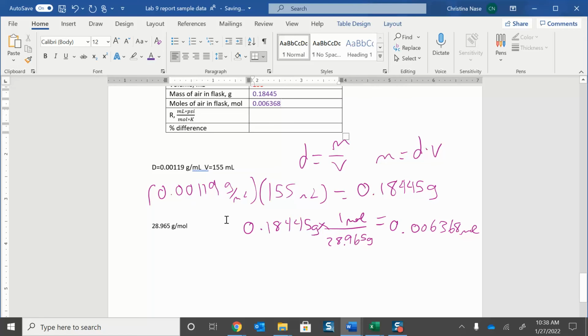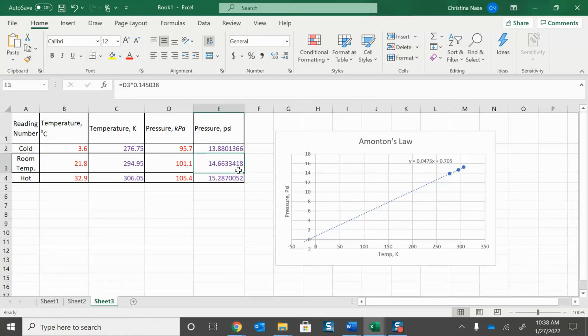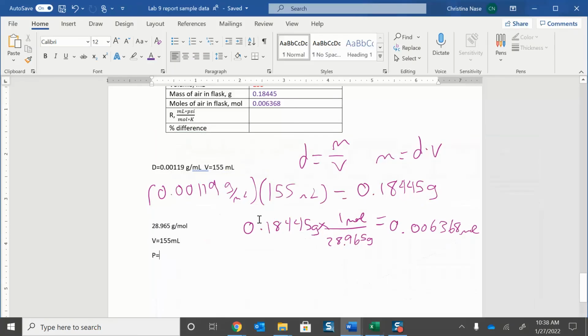Now to find R, I need the volume, which is the 155, right? Let me type everything down here. My volume is 155 milliliters. The pressure I'm going to use, I took from table 2: 14.6633, and that's in psi.